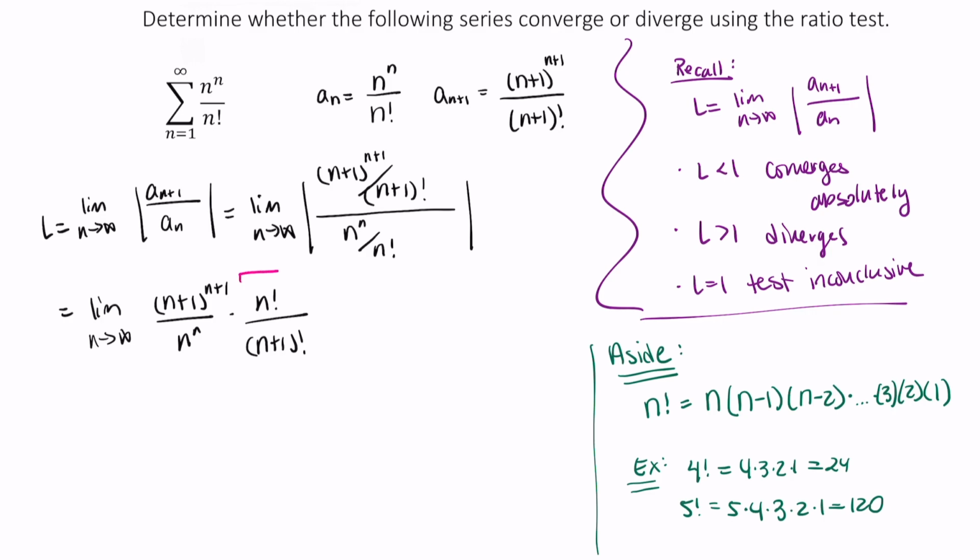So let's take a look at this portion first. So n factorial is equal to n times n minus 1, and so on. N plus 1 factorial, well, that's equal to n plus 1 times n times n minus 1, and so on.